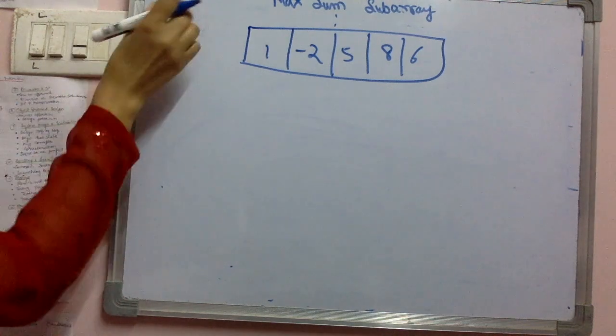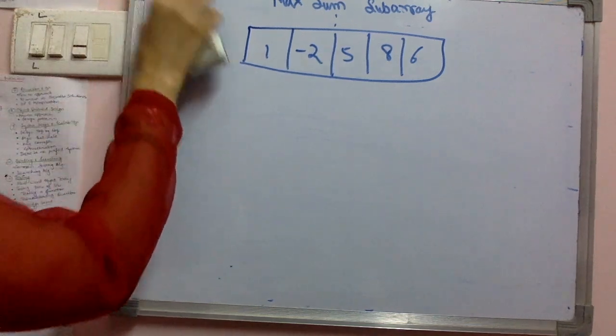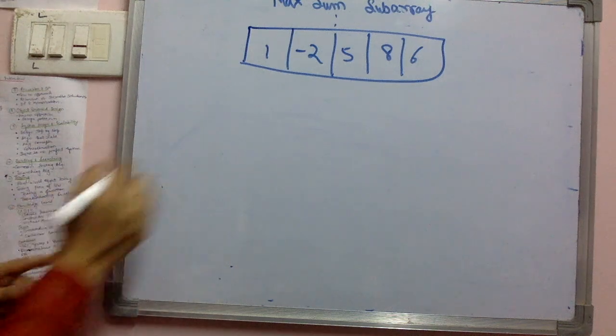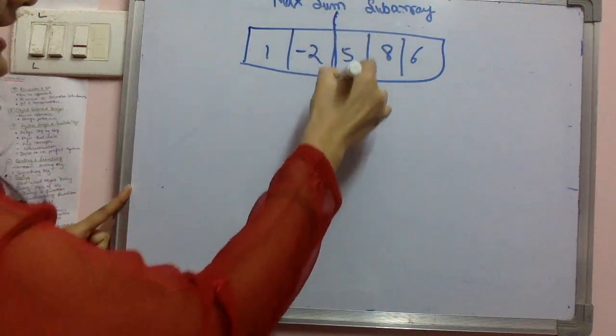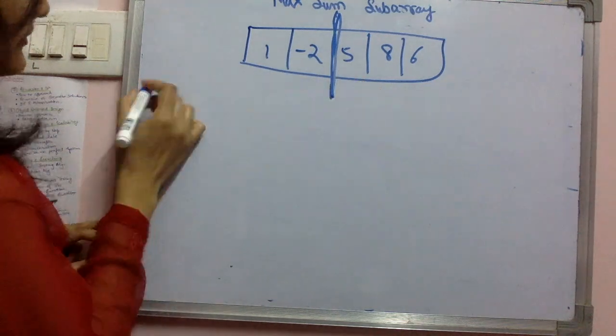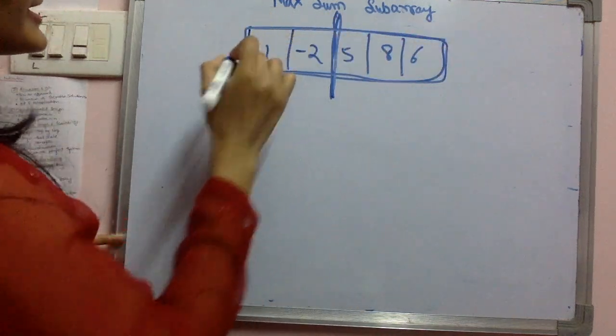We are dividing and then performing this work, dividing and performing this. So our divide step is to divide this array into halves, and our conquer step is to find the maximum sum subarray.